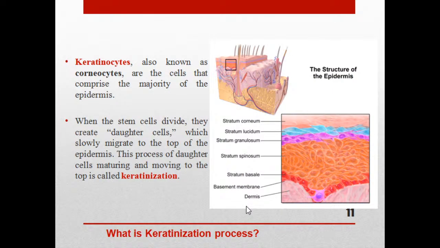Keratinocytes, also known as corneocytes, are the cells that comprise the majority of the epidermis. When the stem cells divide, they create daughter cells which slowly migrate to the top of the epidermis. This process of daughter cells maturing and moving to the top is called keratinization.